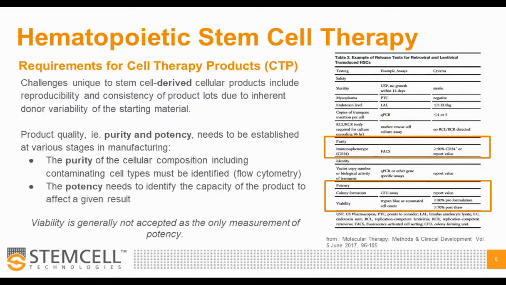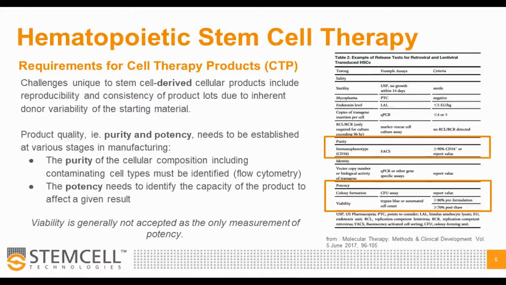And these are typically identified using flow cytometry. The potency needs to identify the capacity of the product to affect a given result. And the FDA generally doesn't accept viability as the only measure of potency because there are issues with assuming that viability means that the cells can function.